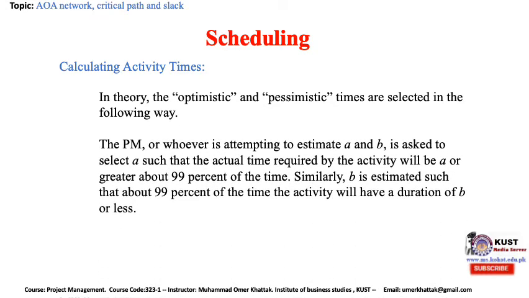The project manager or whoever is attempting to estimate A and B is asked to select A such that the actual time required by the activity will be A or greater about 99% of the time. Similarly, B is estimated such that about 99% of the time the activity will have a duration of B or less.